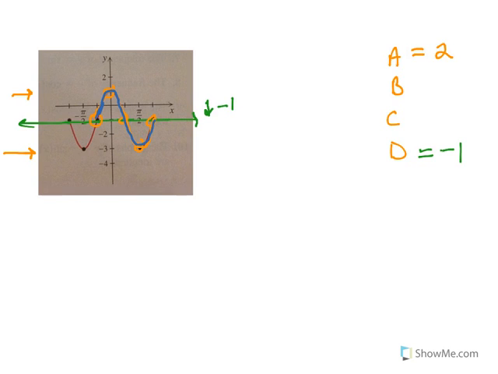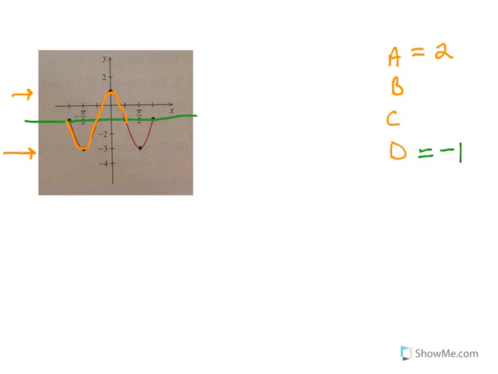Not all students will look at the same part of the graph. For example, another student might pick up on this portion of the graph. So another student might see the midline here, but they might focus on this part of the graph.